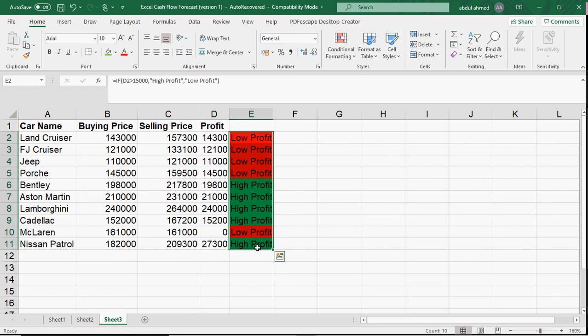So your task for today is doing similar to what I did. Type in the car names, okay, everything here, selling price, use the formula, profit, use the formula, low profit and high profit, use your if statement to set the if statement first, and then conditional formatting.